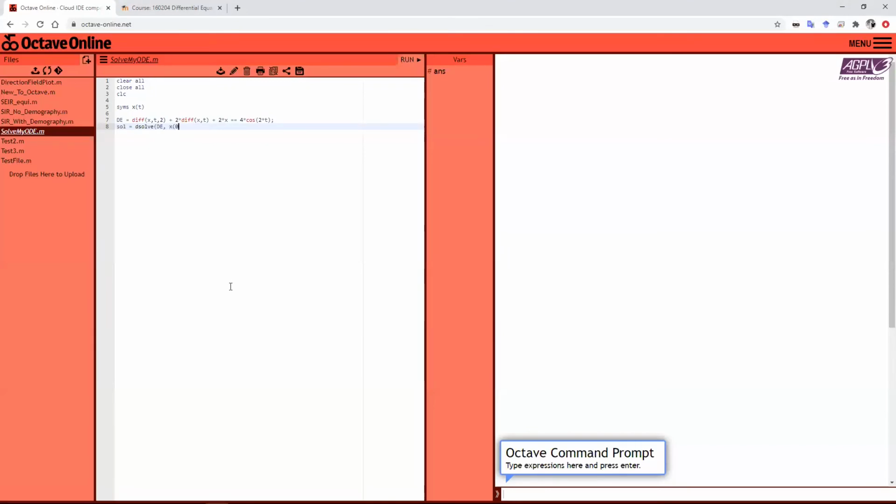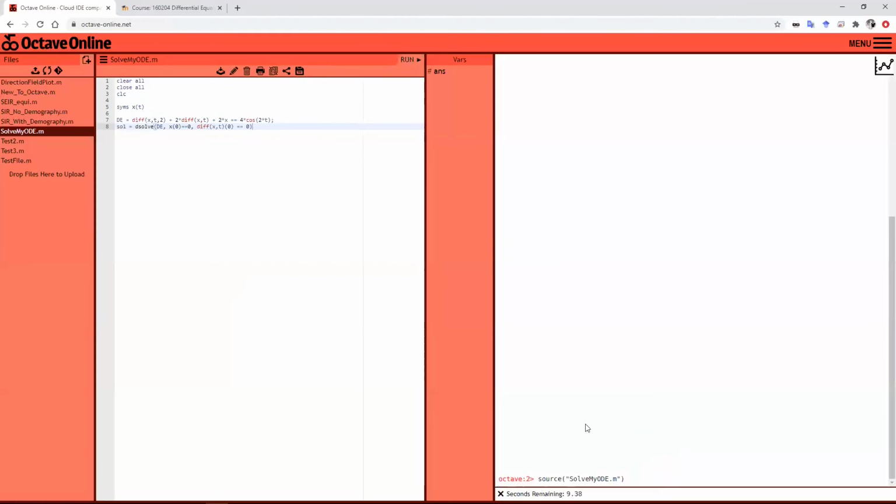X at 0 is exactly equal to 0, and the derivative of x at 0 is equal to 0 as well. So let's save and run that and see if it gives us the same solution.